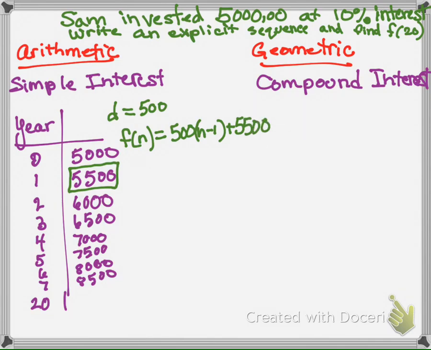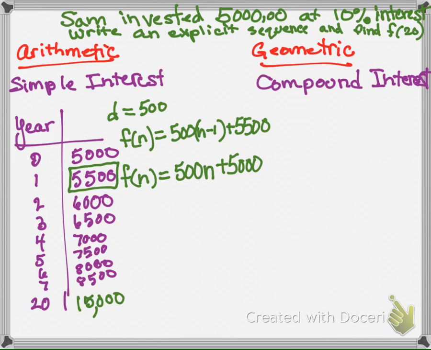Or we could use the year 0 formula, which is f of n equals 5,000 plus 500n. The interesting thing is that if you plug in 20 into either of these, we get 20 times 500, that's 10,000, plus 5,000 is $15,000, either way.